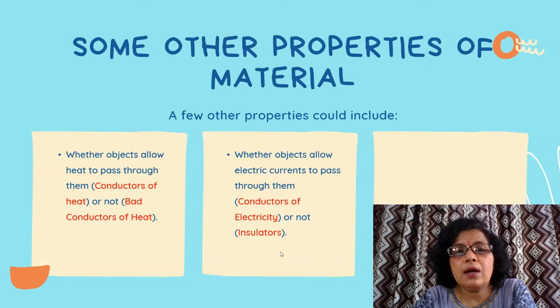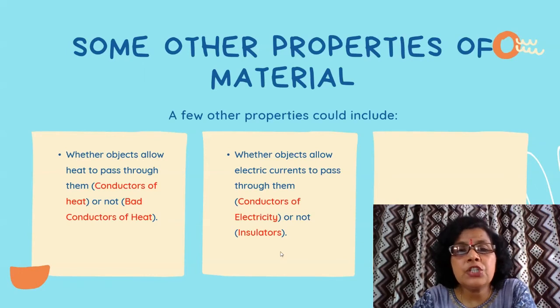And the rest are all insulators. They don't conduct electricity. And that's the reason when an electrician works with electricity, he puts on slippers made of rubber. As rubber is not a conductor of electricity, it's an insulator.